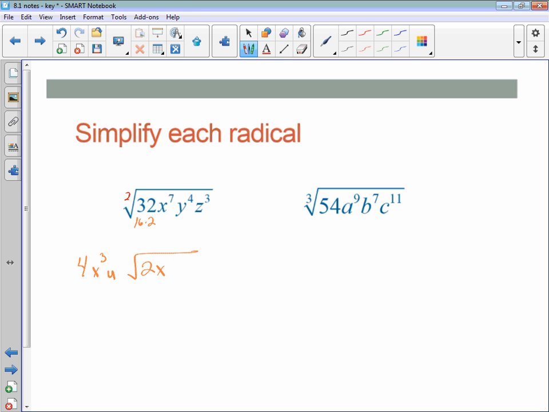Anybody left over? No. Then we look at z, it's z cubed. How many times does 2 go into 3? Goes in there just once, right, with 1 left over? So that is your final answer. I didn't write it very well with my spacing, so let me rewrite it.